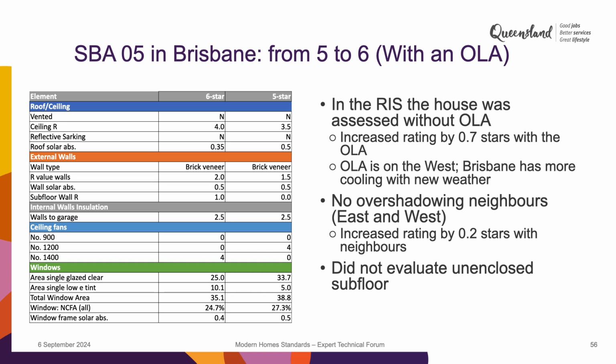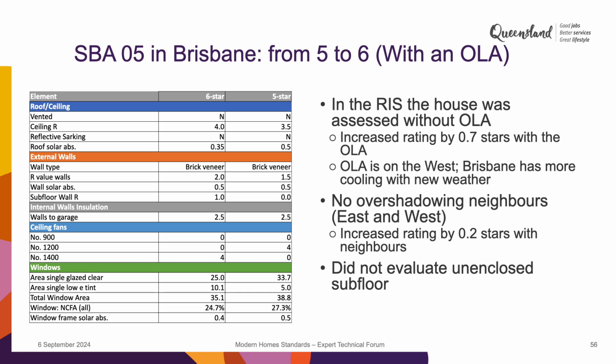Again, more insulation in the walls, some subfloor wall insulation, increasing the diameter of those fans, and putting in some additional single low E tinted glazing, trimming back the glass areas, using a slightly lighter frame colour.